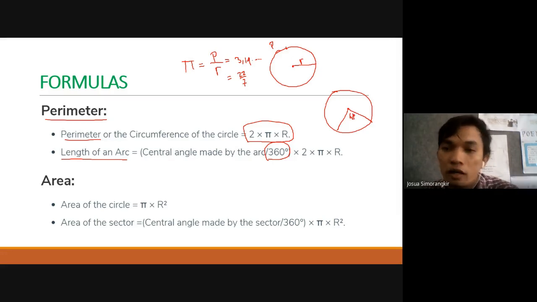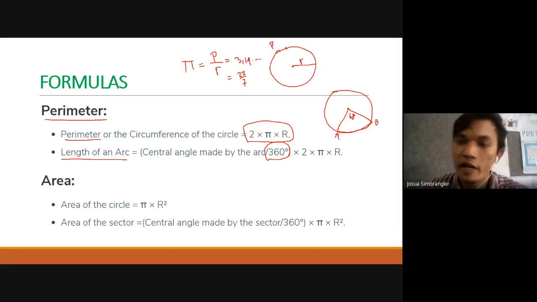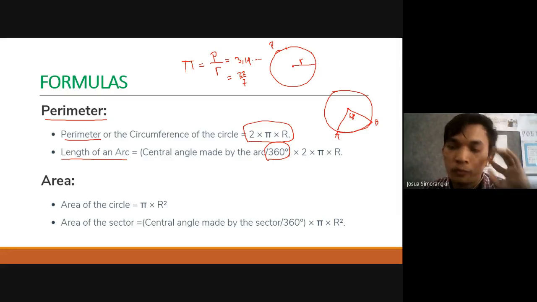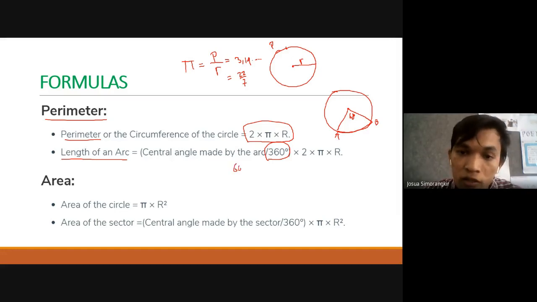I measure by my arc, 60 degrees. And if I want to find the length of arc AB, I only need to compare the angle 60 over the whole rotation, 360 degrees. So for example, I write here 60 over 360 multiplied by the perimeter.